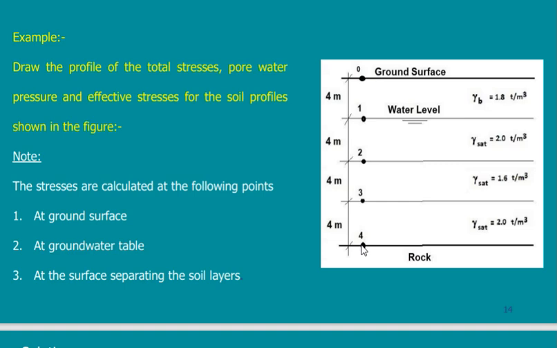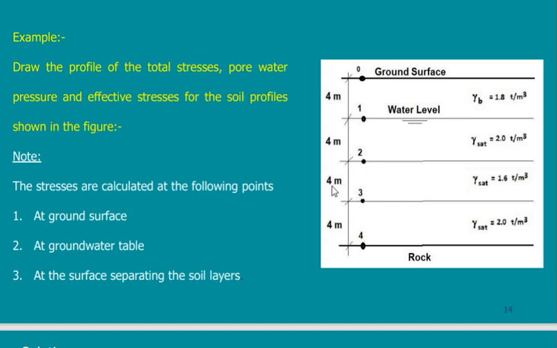I don't need to do all of this. I will just stand at this point and start from above here. The first layer is 4 by 1.8. It has no water, so it will be 4 by 1.8. The second layer, it is 4 by, open brackets, 2 minus water, which is 2 minus 1. So it is 2 minus 1.